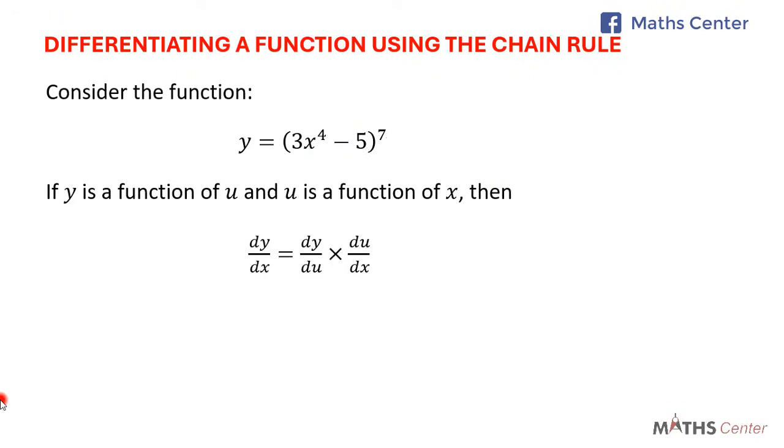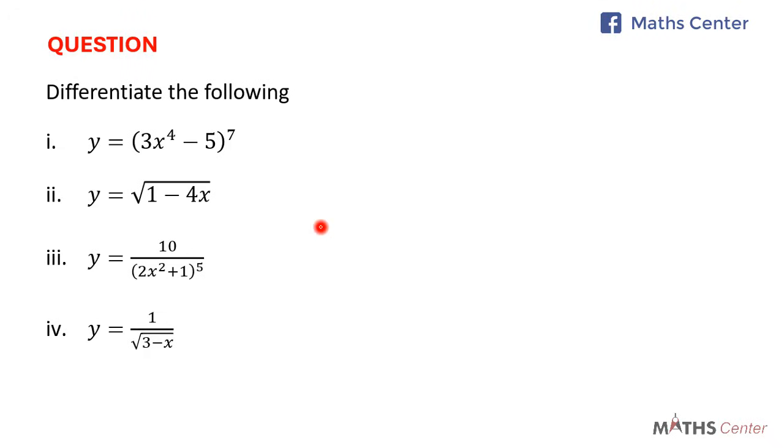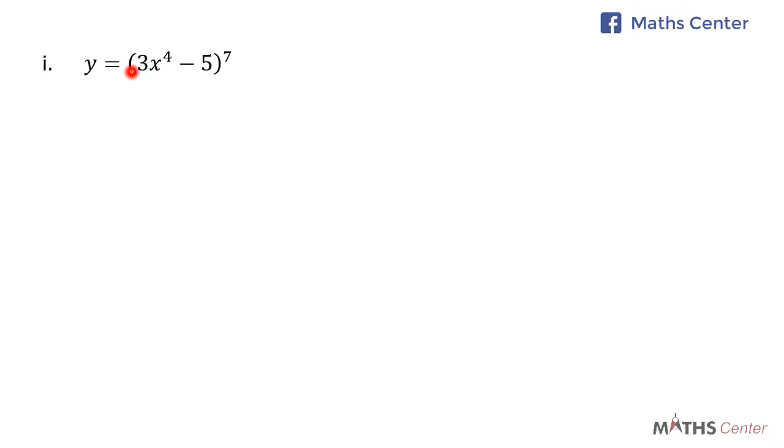We have 4 questions here. We will take it one after the other. Let's take the first one. We have y is equal to (3x^4 - 5)^7. So we are going to use the chain rule here, which says that dy/dx is equal to dy/du times du/dx. The term that is raised to the power of a bigger number, we will let be equal to u.